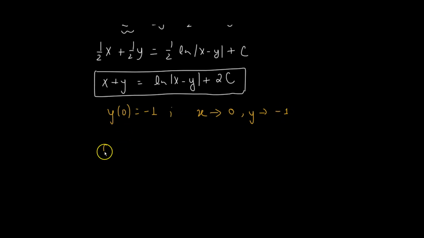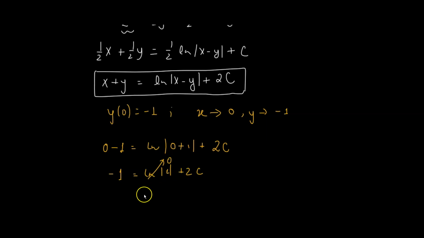So we have 0 + (-1) = ln(0 - (-1)) + 2c, that's ln(1) + 2c. So this is -1 = ln 1 + 2c. We know that log of 1 is always 0. So that leaves us with c = -1/2.